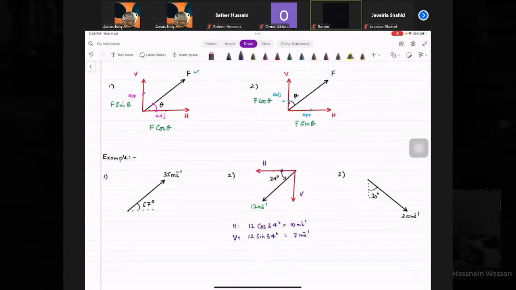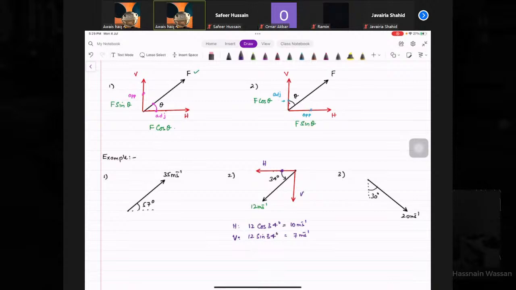Okay, so anyone got the answers for both? Yes, sir. Okay, first one. For the first one, the vertical is 29.4 meters per second and the horizontal is 19.1 meters per second.